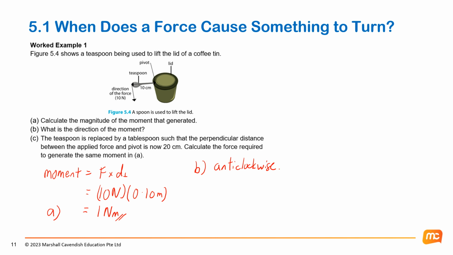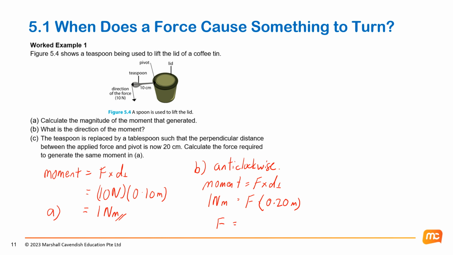So over here in part C, what we have is the same formula, moment equals F times perpendicular distance. This time we know that our moment is going to be 1 Newton meter. We don't know what the force is, but we know it is going to be multiplied by a 20 cm perpendicular distance. I'm not going to show all the steps at this point.